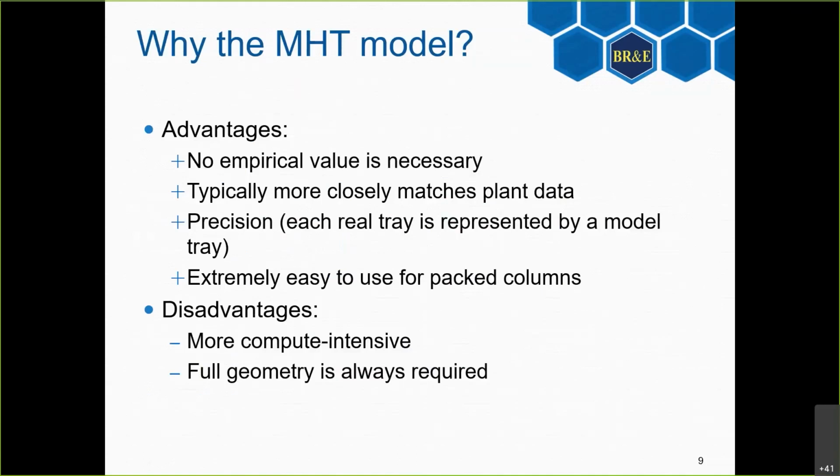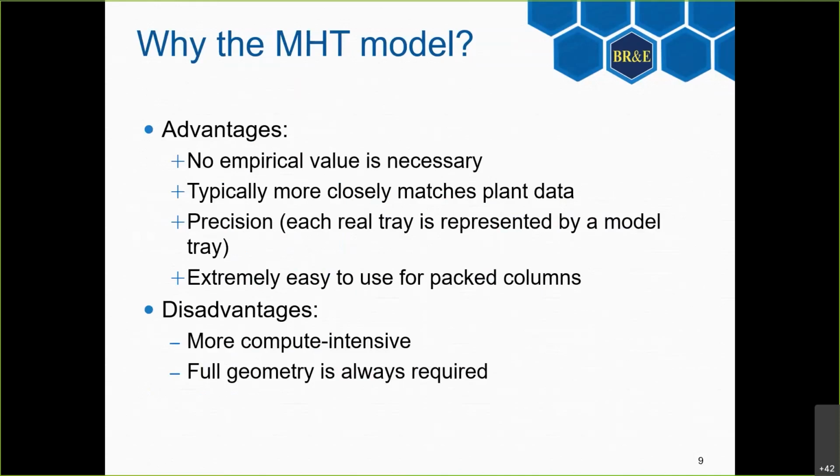Another thing is precision. You can imagine if you're modeling a tray column with an ideal stage model, you are going to have fewer stages than in reality. Also, when it comes to packed columns, the increment height is typically shorter than the height equivalent to a theoretical plate. So you're going to end up, again, with better granularity.